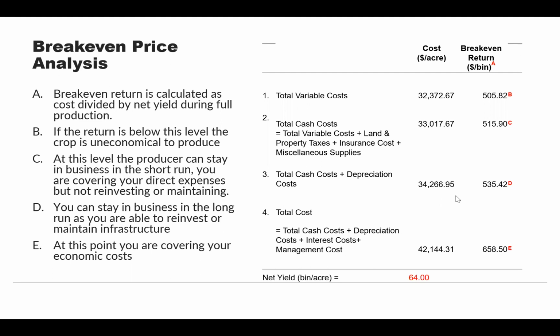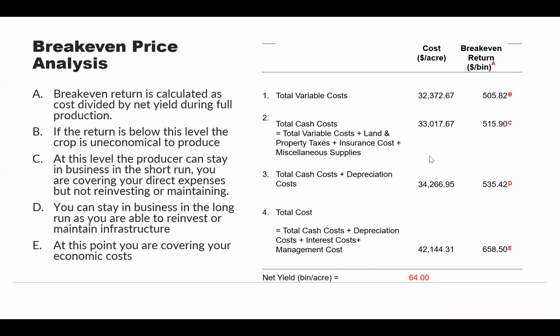The total cash cost plus depreciation is $34,266, and then the total cost, with depreciation, they've also added interest and a management cost. So this gets you the full economic cost, which gives you a sense of, compared to your other options, is it still profitable?